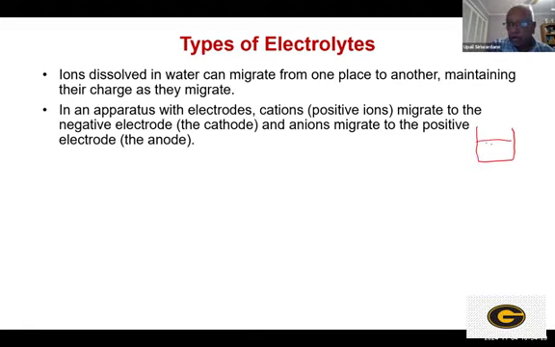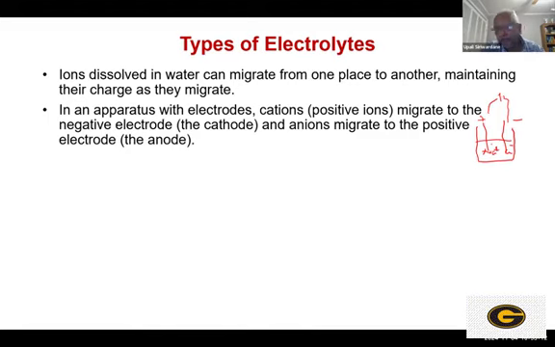For example, when you dissolve sodium chloride, the sodium and chloride ions separate. If we put in electrodes, pieces of metal, and connect them to a battery, the positively charged electrode is called the cathode. The anode is the negatively charged one.